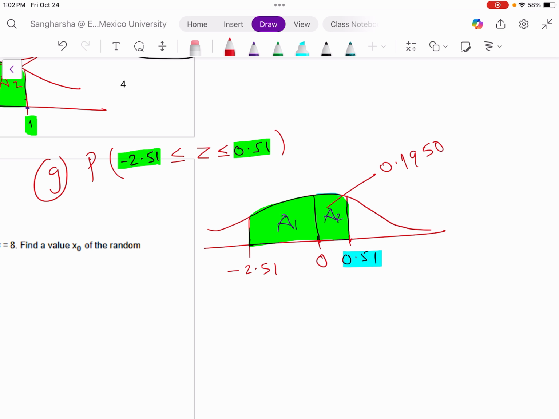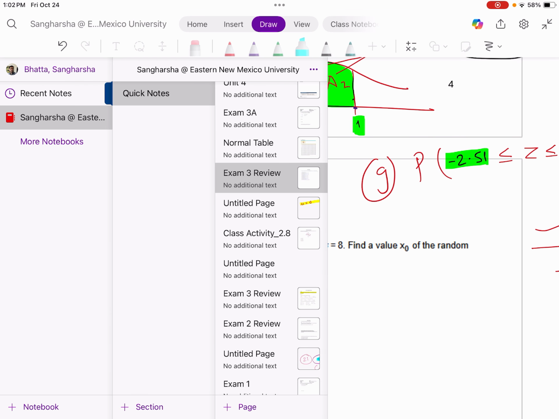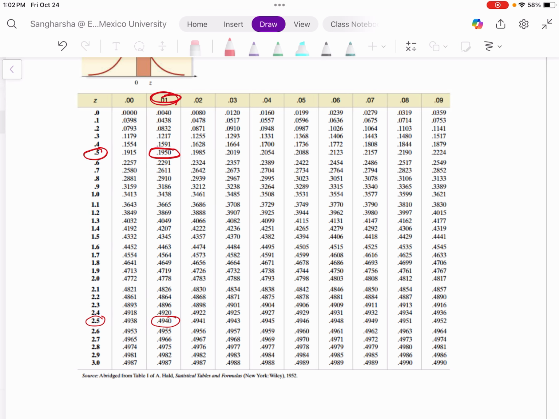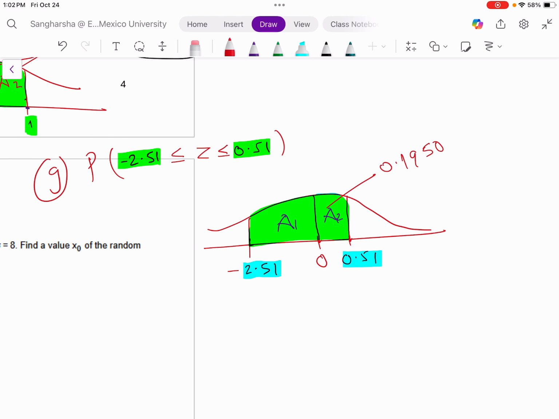For area A1, we look for 2.51. 2.5 is here, 1 is here, so 0.4940.